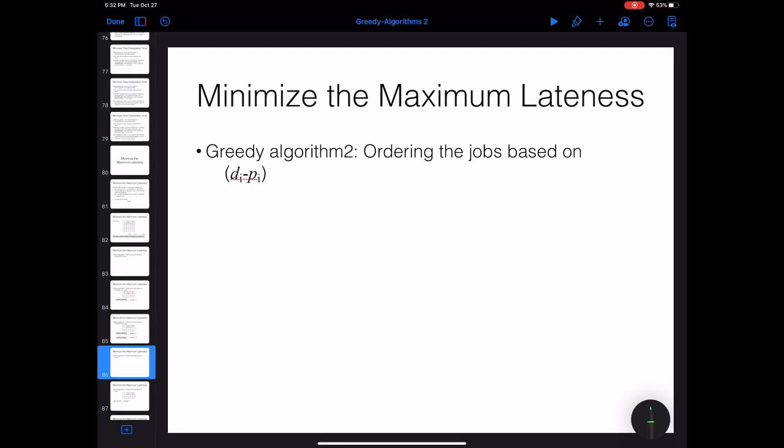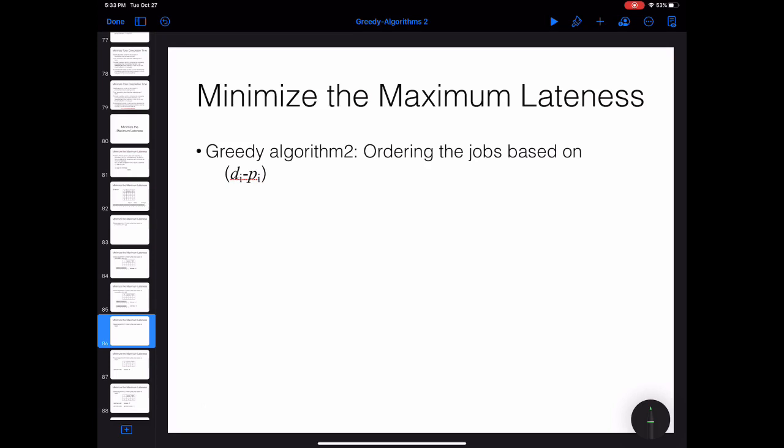The other greedy strategy is that we can order the jobs based on deadline minus the processing time. The intuition here is that it tries to involve both the deadline and processing time, so it orders the jobs based on the difference between them.